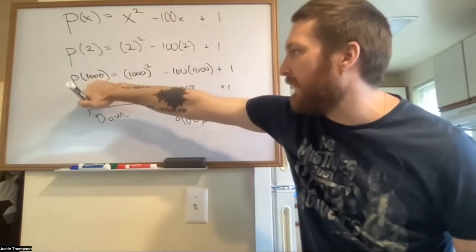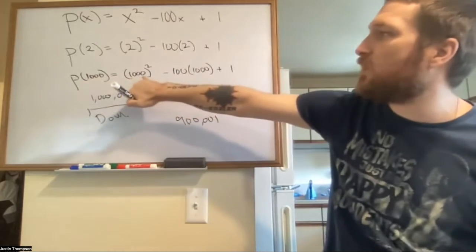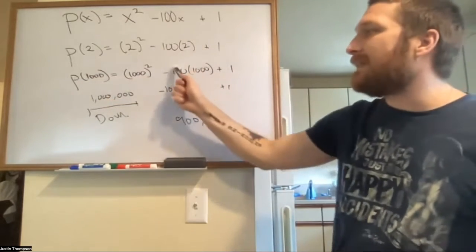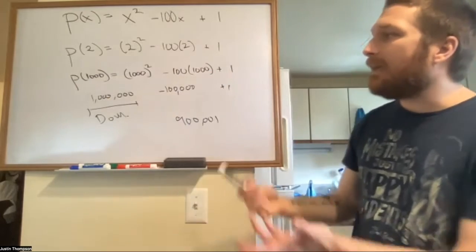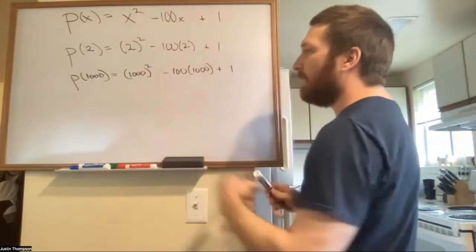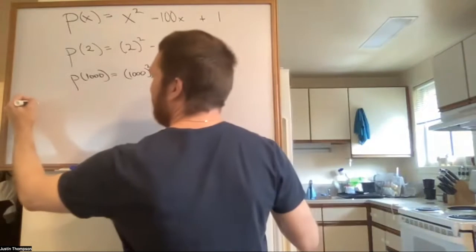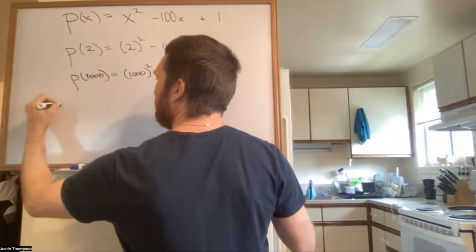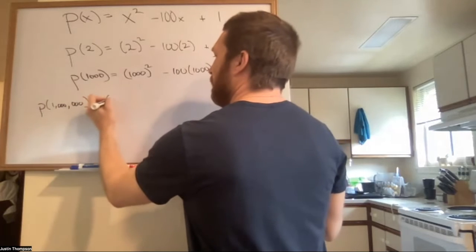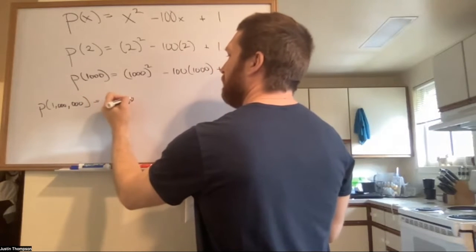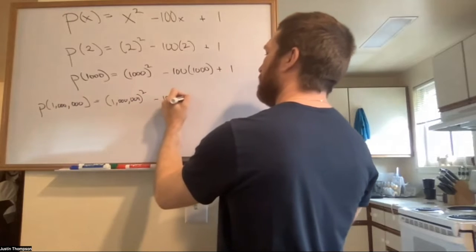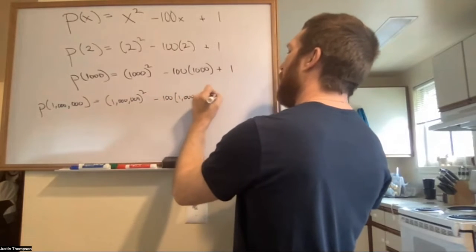Eventually, if you plug in a big enough number, this squared term is going to be much bigger than anything else here. Just to really drive the point home, we are going to evaluate P of 1,000,000, which is 1 with 6 zeros after it. We plug that in: 1,000,000 squared minus 100 times 1,000,000 plus 1.